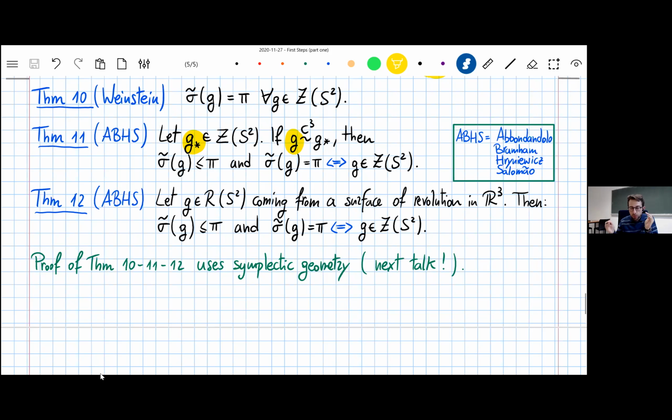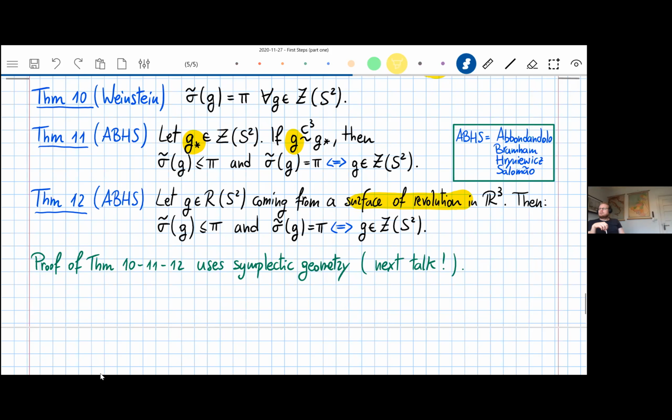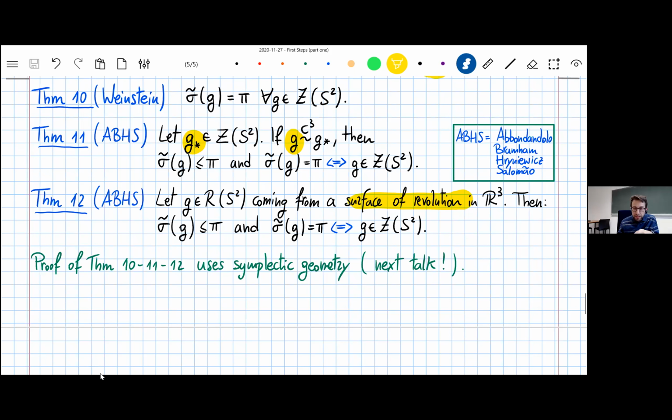They will not be global maximizers if you remove this hypothesis, but with the hypothesis they will be. Okay, and then in the next talk, we will see how symplectic geometry can help us in understanding these three theorems. In particular, I think we will focus on this one.